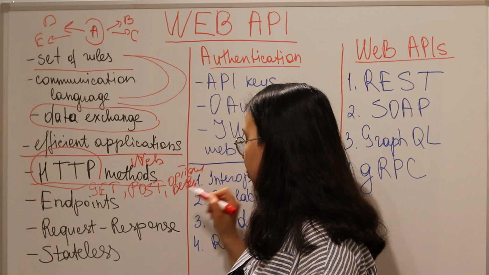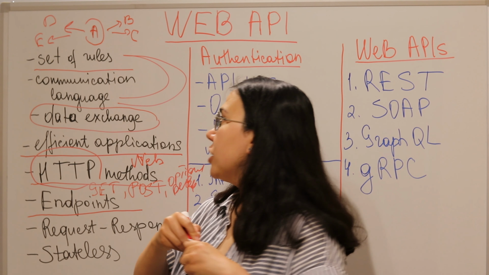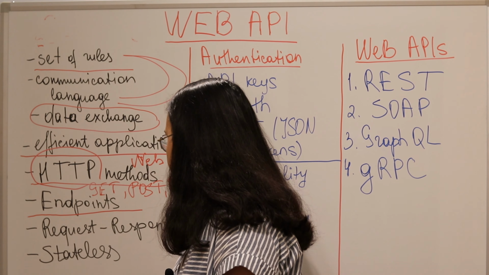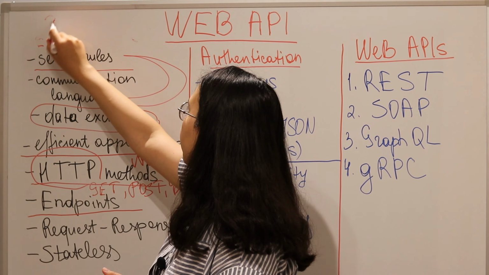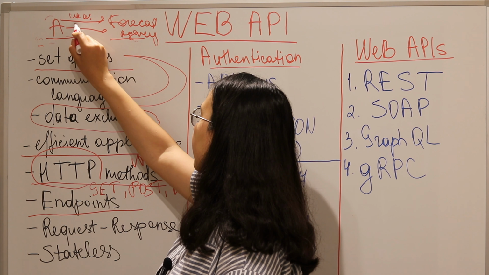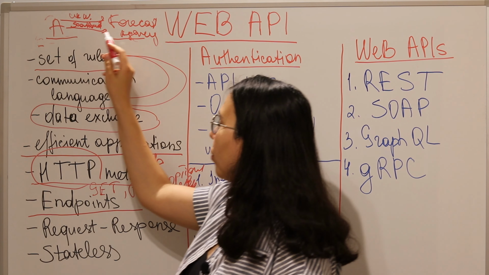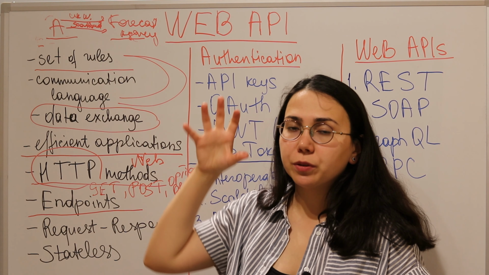And web API has endpoints. Endpoints are basically API destinations. So you are weather application A, and this is a forecast agency. There are different data entry points from which you can request information, for example UK weather. We can have a separate Scotland weather. Different points to which you can fetch the data.